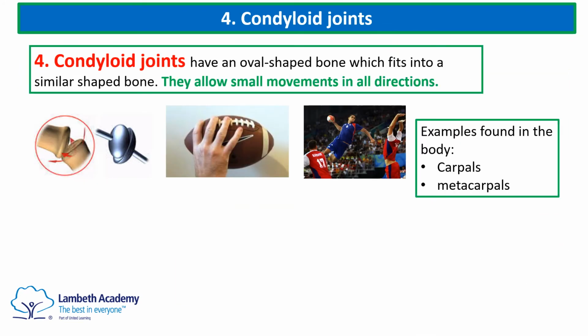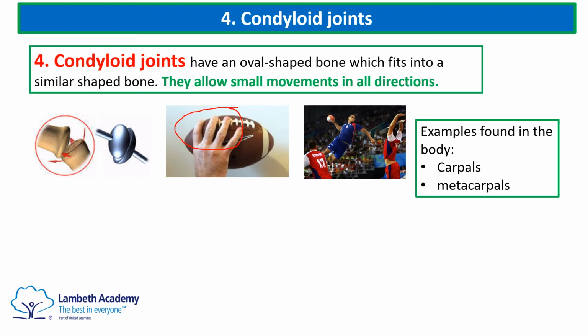The final type of joint we'll be looking at is a condyloid joint. Now, our condyloid joints are oval-shaped bones which fit into other similar bones. They allow for small movements in all directions to take place. You will be able to see I've got a photo here of somebody holding a ball. The reason why I've got that is because it's movement of the fingers where our condyloid joints are working.